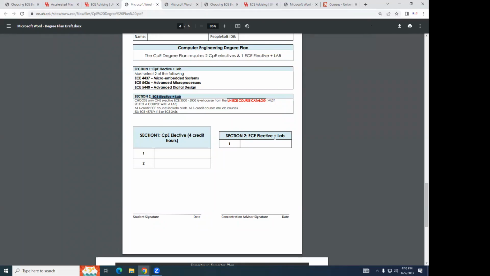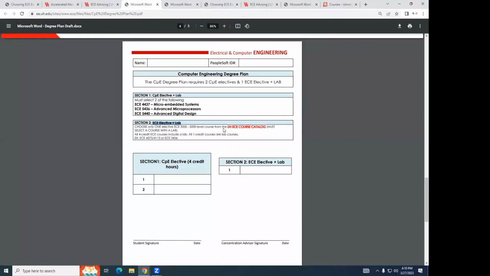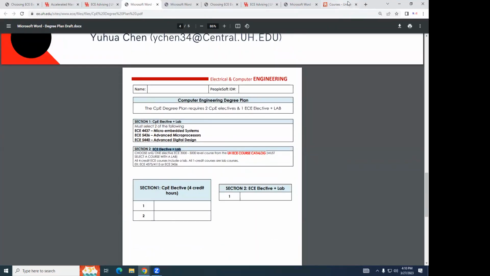But if you want one of those courses, that's one place you can go to get the lab. Those are really the only electives for the CPE program.